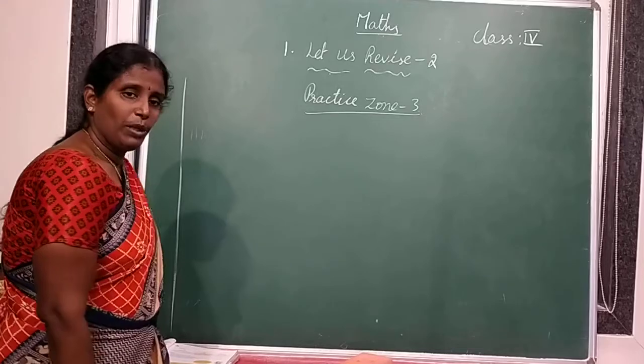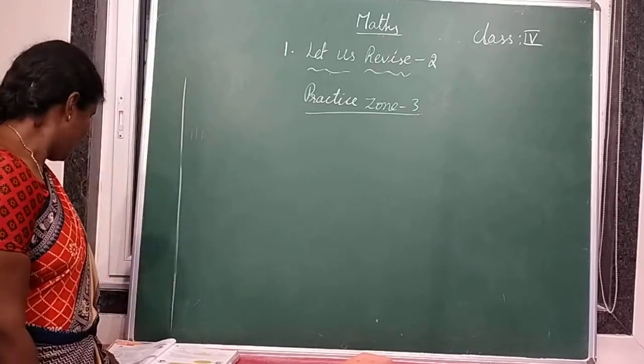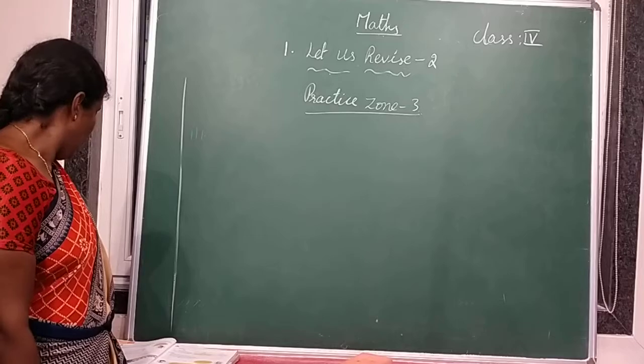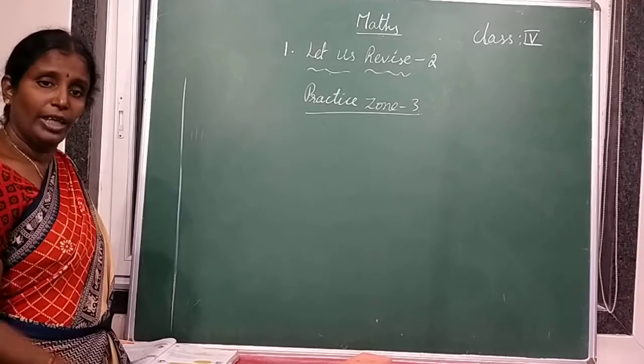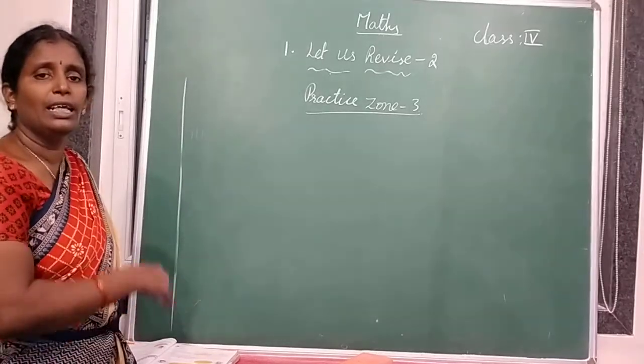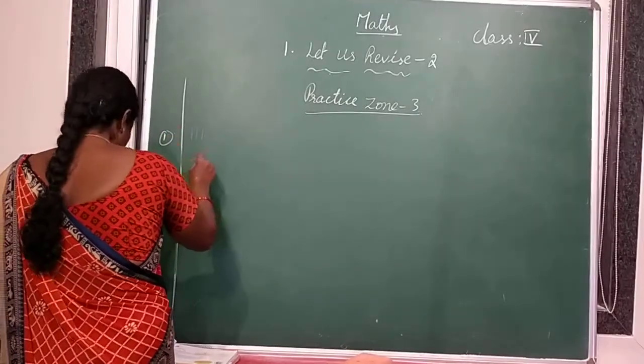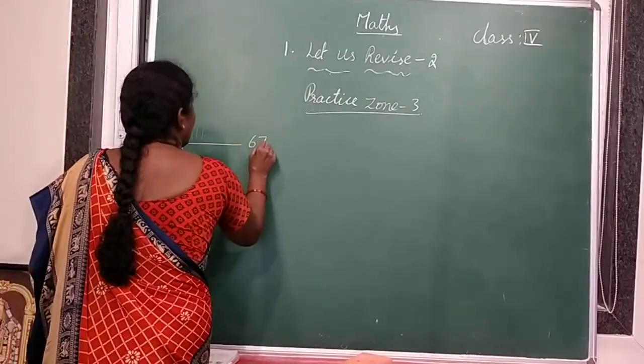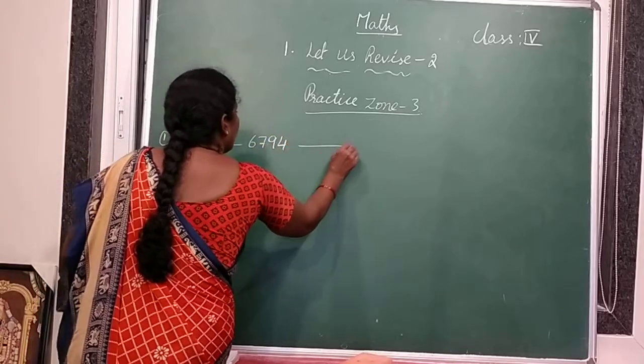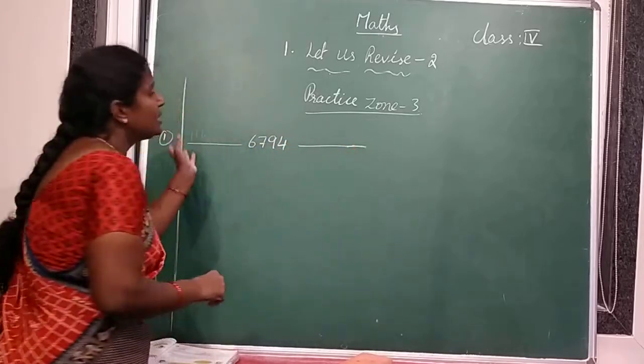Complete the following table by filling the predecessor and successor of the given numbers. Already the numbers are there. We have to fill in the predecessor and successor. So what is the first question? 6794. We have to write the predecessor and successor.